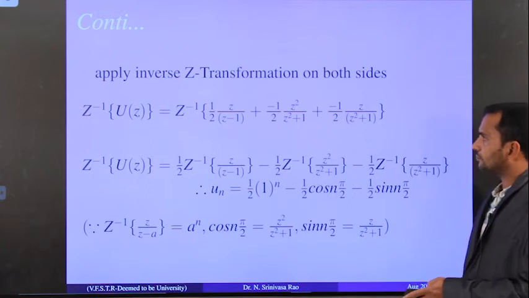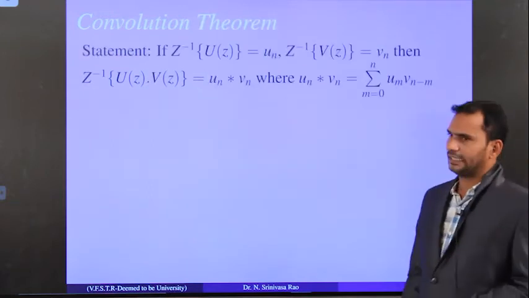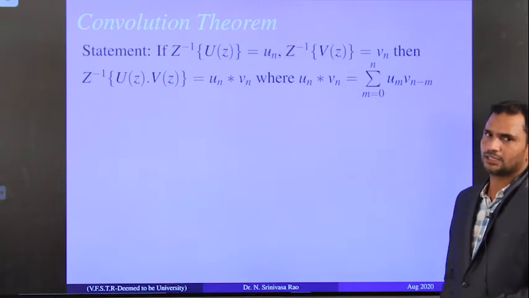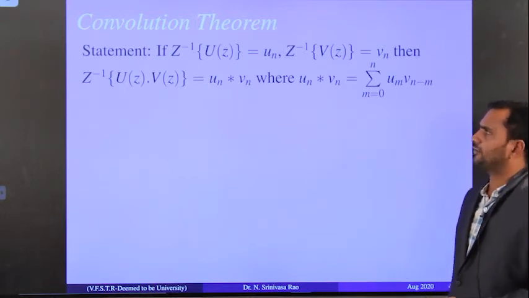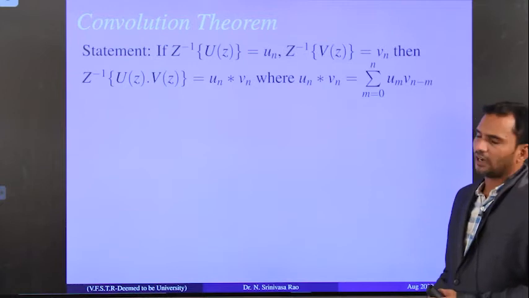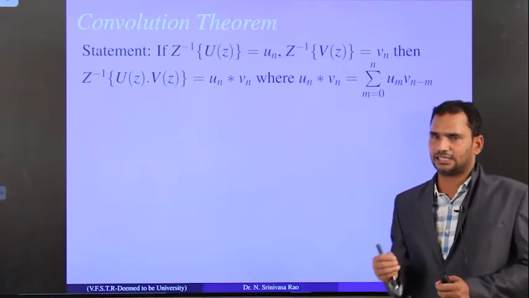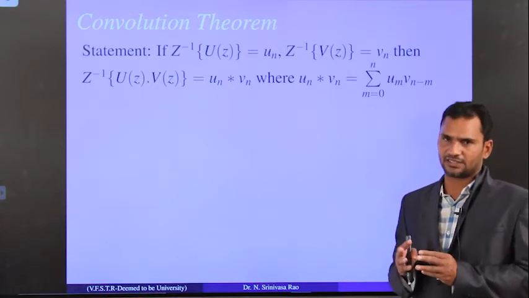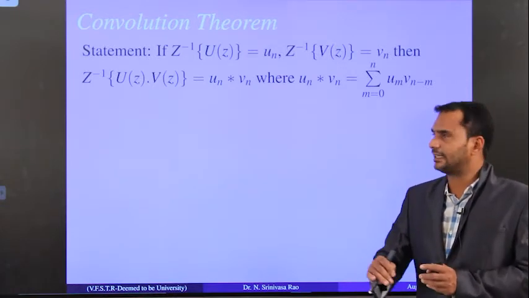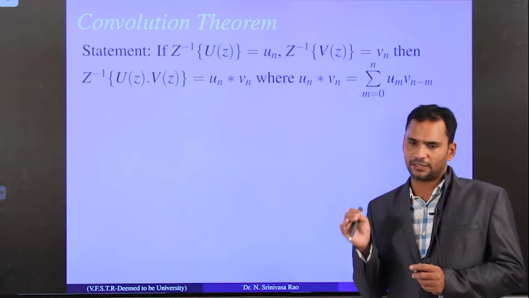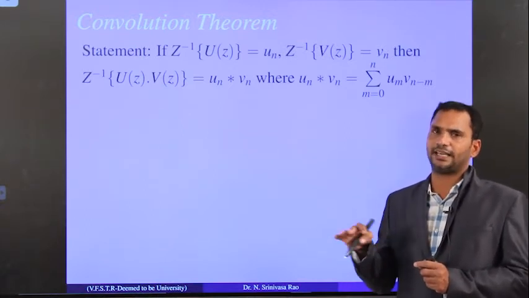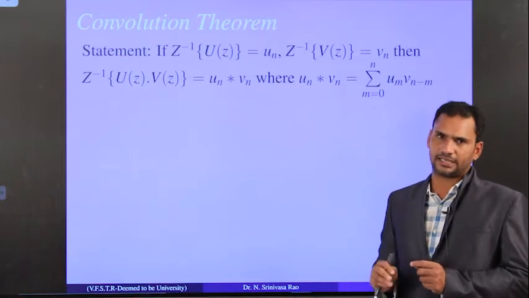Now the next very important topic is the convolution theorem. This is the statement of the convolution theorem. Why do we use the convolution theorem? It is used to find the inverse Z transformation. A very important point to remember: when the question says find Z inverse, you can apply partial fractions.